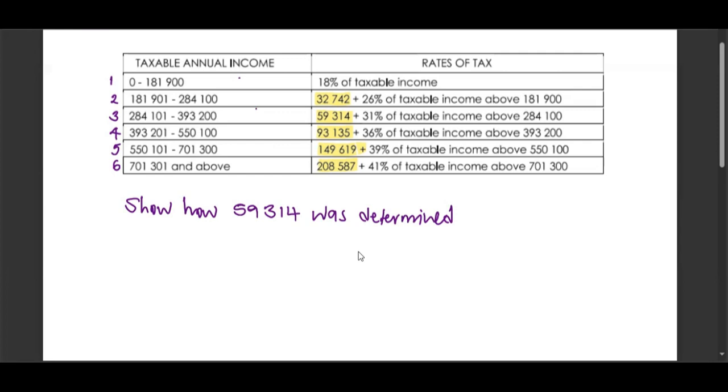So this number here, it's in bracket number 3. But it comes from the previous bracket, which is bracket number 2. It's in bracket 3, but it comes from bracket 2.